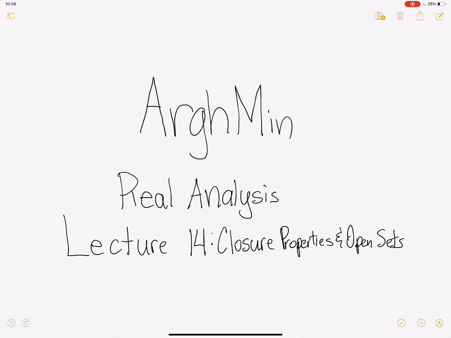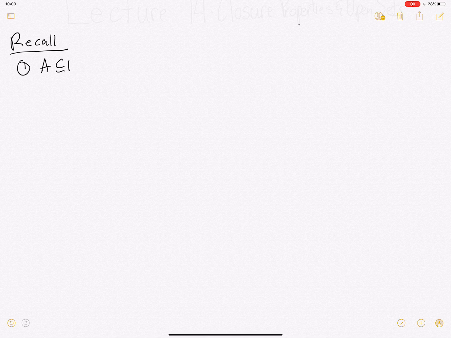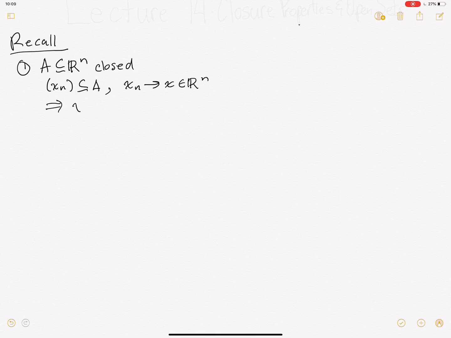This is the real analysis video series, and we're on lecture 14 on some properties of closures. Recall from the previous lecture that a subset A of Rn is closed if, whenever a sequence in A converges to some x, then that x must be in A itself.